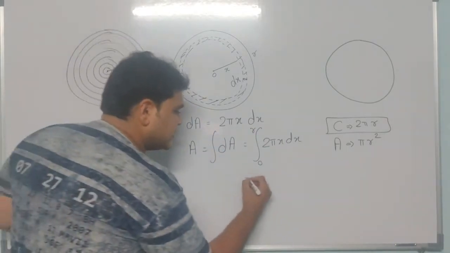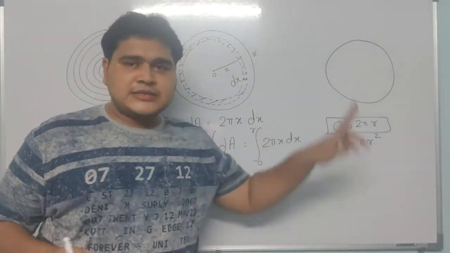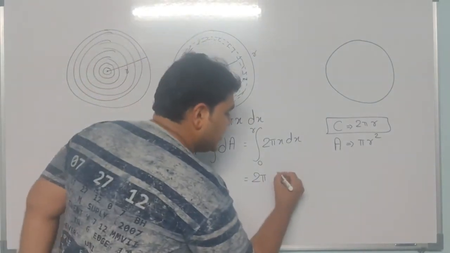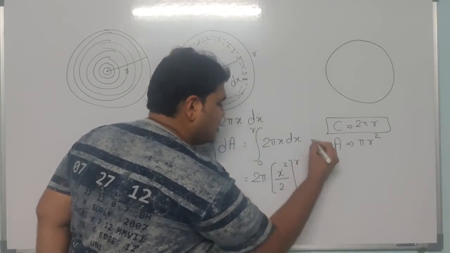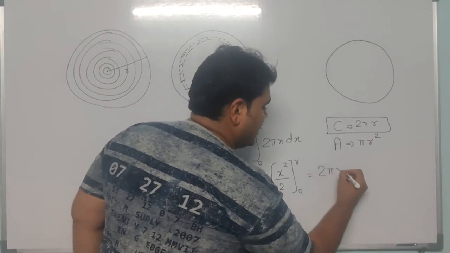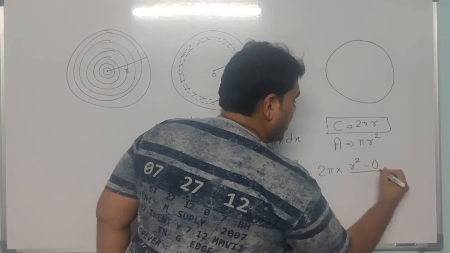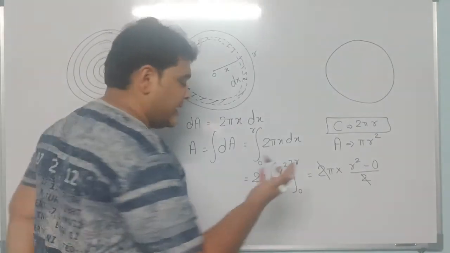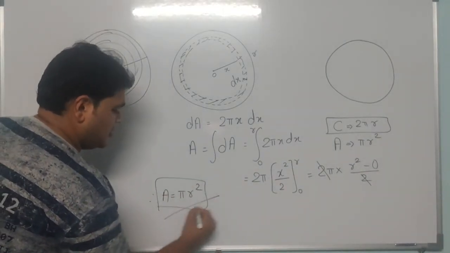That means 2 pi is a constant, goes out. x dx is like x raised to n dx, where n is 1, which means x raised to 2 upon 2 with limits 0 to r. Yes, 2 pi into upper limit r square minus 0 upon 2. Definitely this 2 gets cancelled. And so our area comes as pi r square.